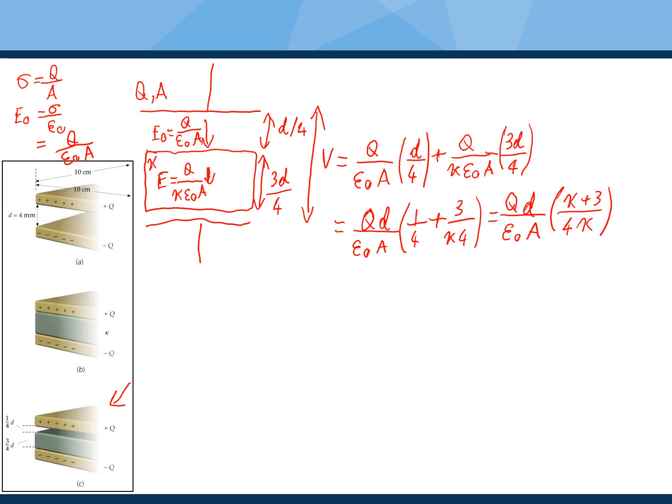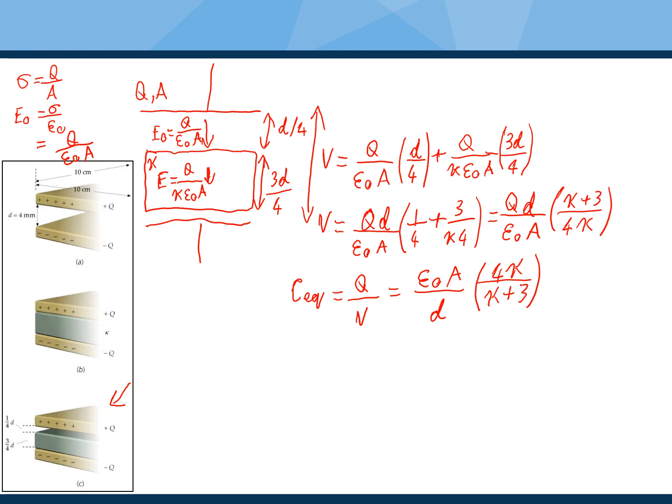This is the voltage across the plates of the capacitor, and we can therefore say that the capacitance C_EQ, or the equivalent capacitance of this configuration, is equal to Q divided by the voltage. And that is equal to epsilon naught times A divided by D times 4 kappa divided by kappa plus 3.